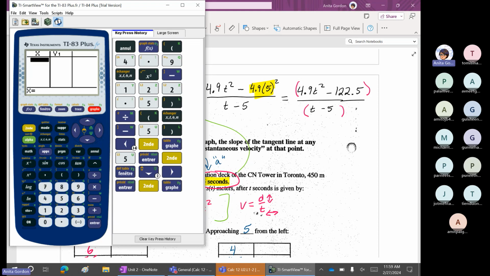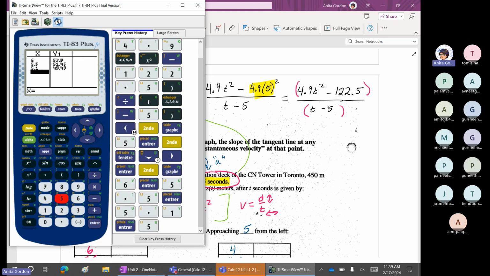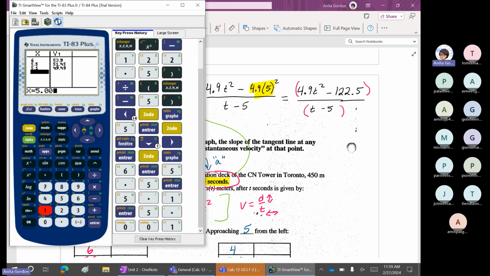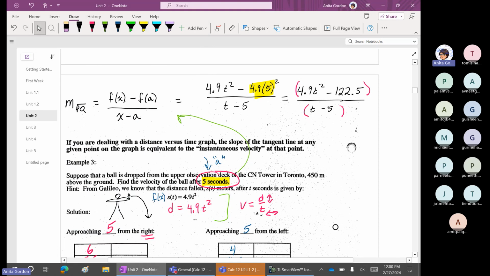There we go. Okay, so I'm going to start with 6, 5.5, 5.1, 5.001. Okay, so looking at my chart, approaching 5 from the right, so choosing bigger numbers and coming in closer, I see 53, 51, 49.5, 49.05, and 49.005.